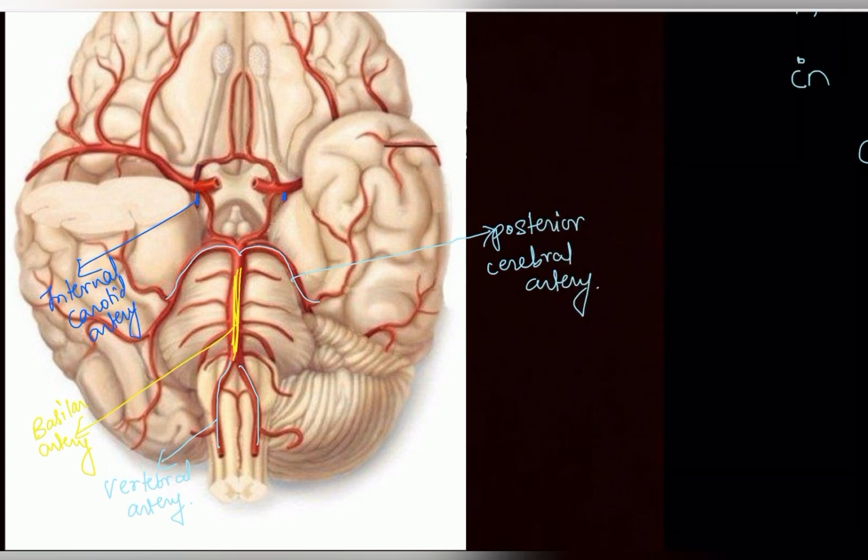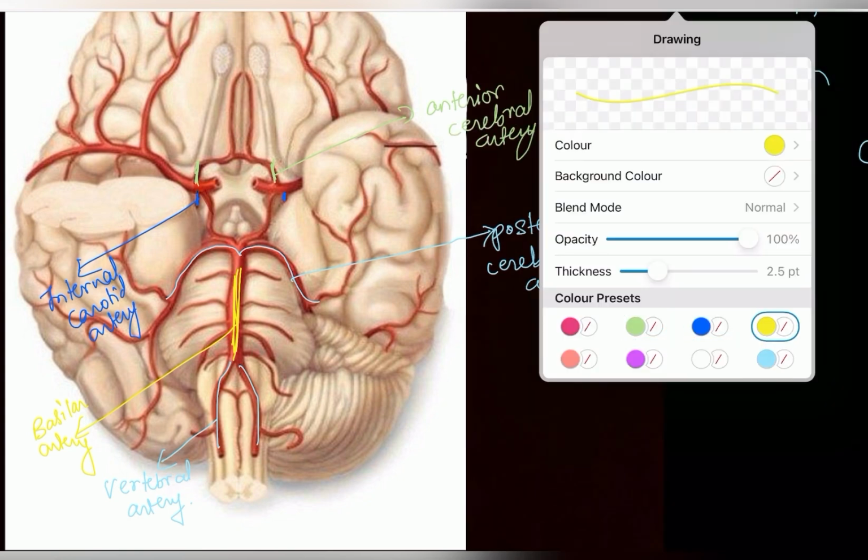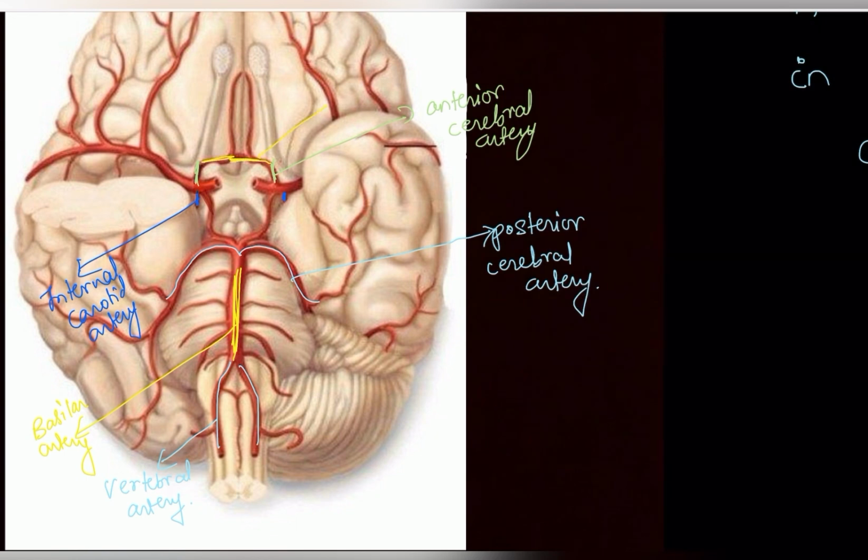Okay, so this anterior branch which you see over here, which branch is this? This is the anterior cerebral artery. Now these further are giving a branch together, forming an anterior communicating artery.